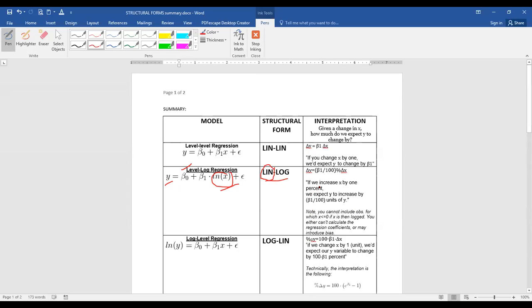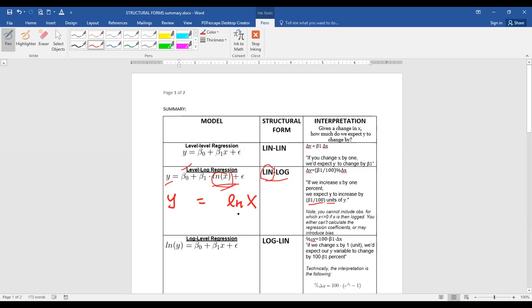Okay, so a 1% increase in x, bakit nilalagyan ko ng percent si x? Kasi nakalog siya, no? We expect y to increase by beta 1 over 100 units. Okay? So yun ang difference, no? Bitin natin ha. So ito y tapos si x naka-log, or ln x.